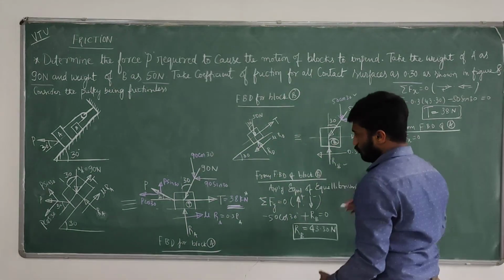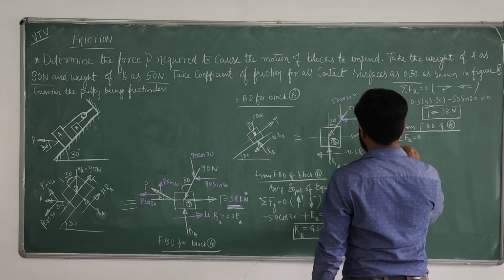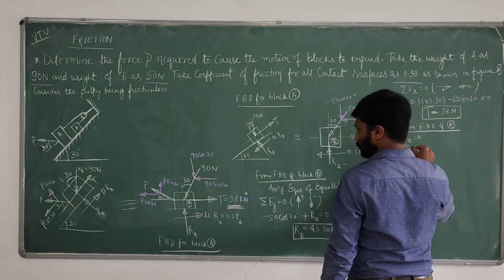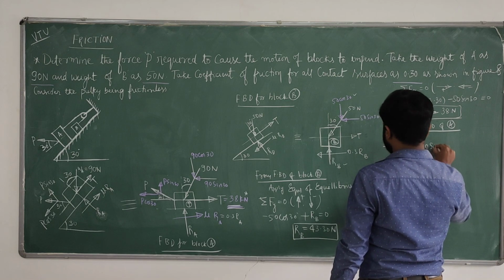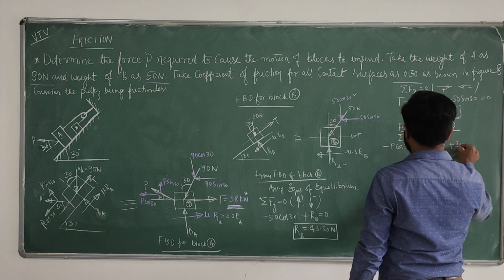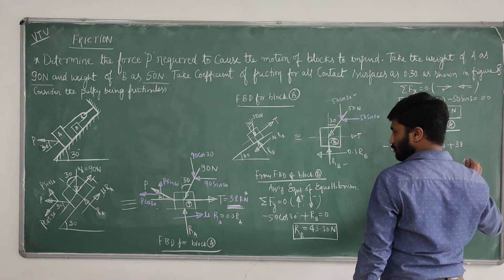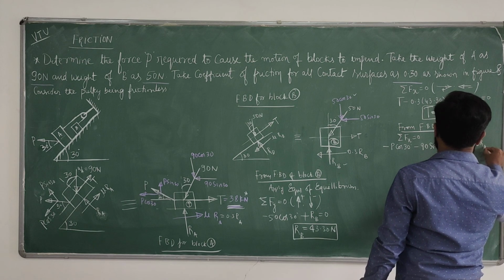Therefore, four forces. Therefore minus P cos 30, minus 90 sin 30, plus 38, plus 0.3 times RA equals 0.